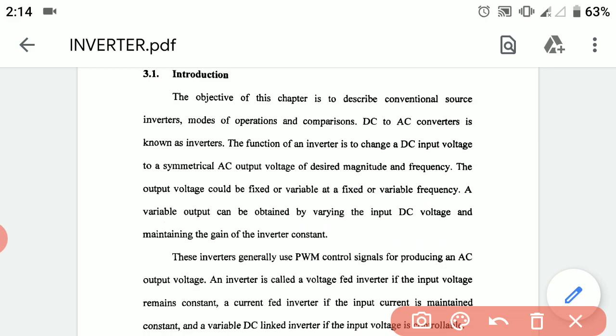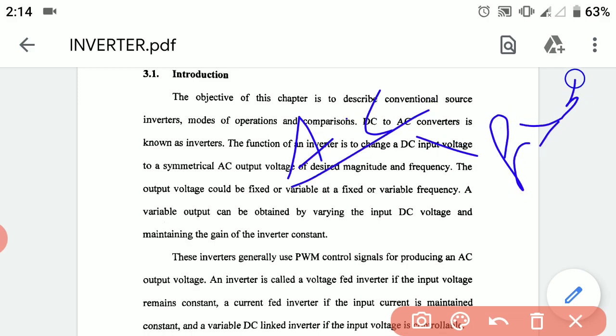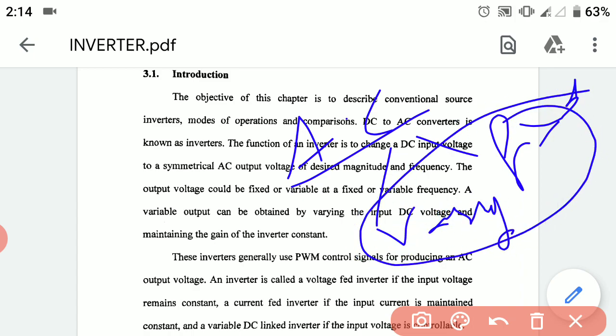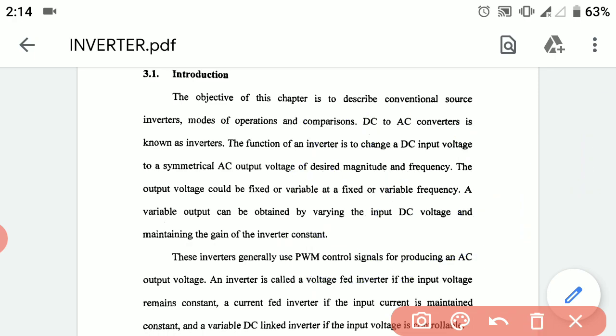To get the AC output, which can be fixed or variable, this whole technique is controlled by pulse width control signals, that is, PWM control signal for producing an AC output voltage.